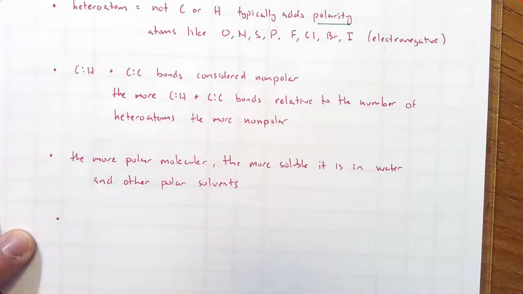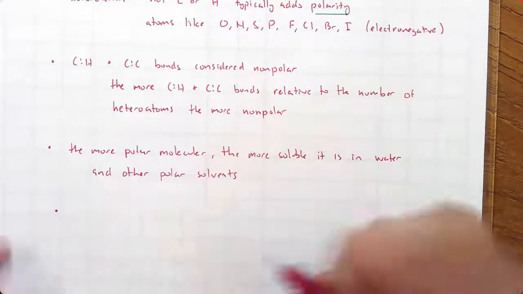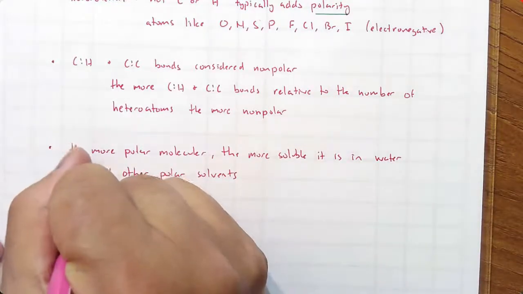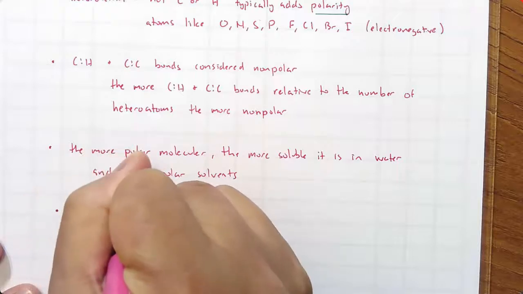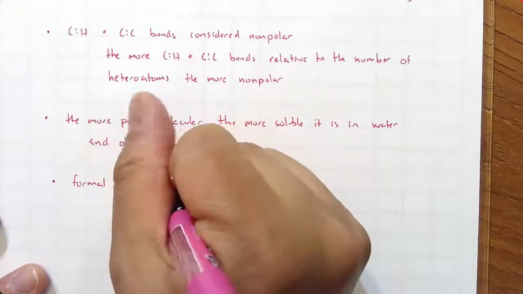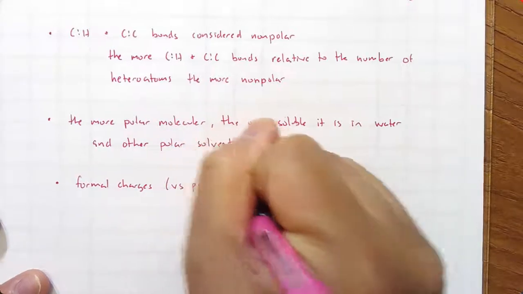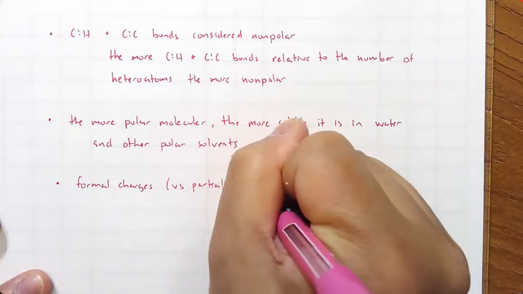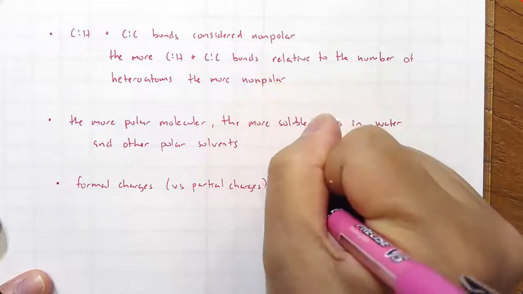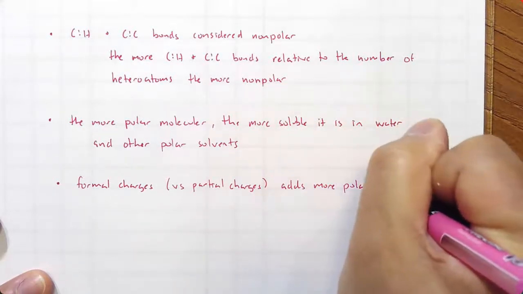Formal charges add even more water solubility, add even more polarity. So formal charges, versus partial charges. Adds more polarity. Okay.